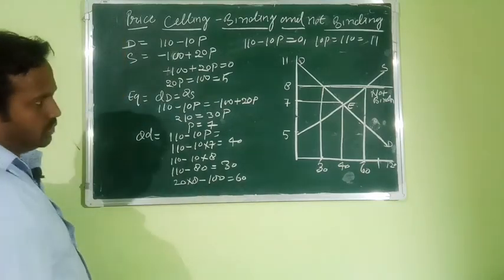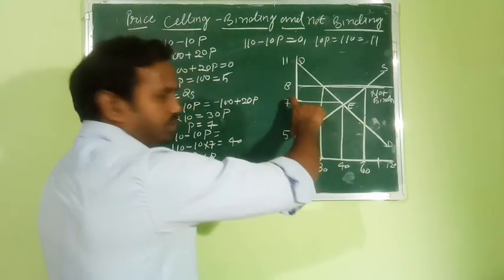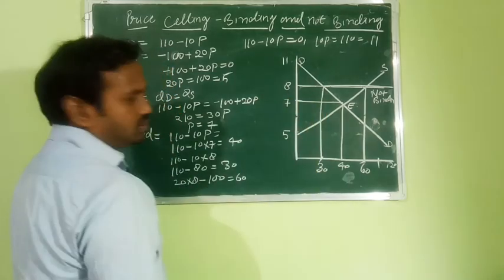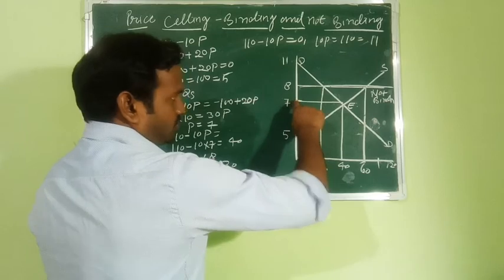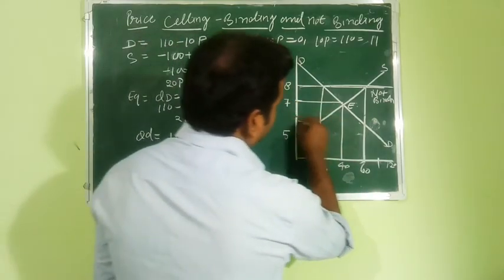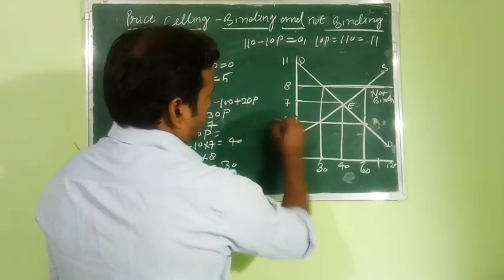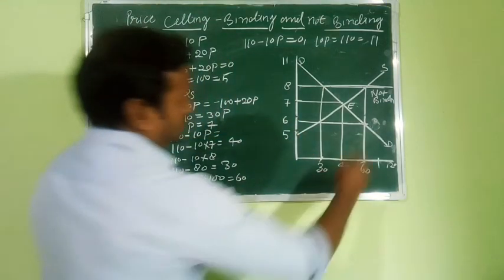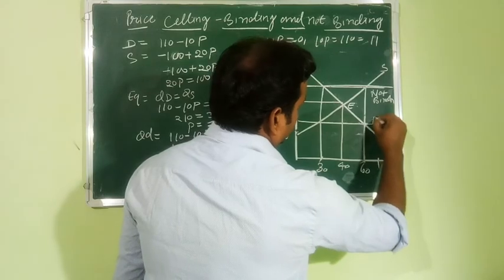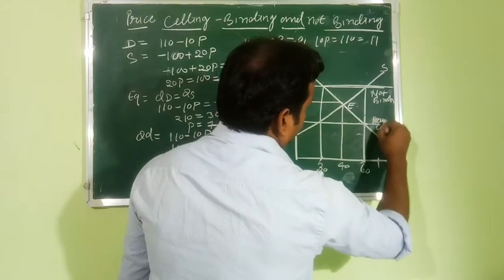Now I am going to explain binding, which is between 5 and 7. Suppose the government fixes 6 rupees. If the government imposes a 6 rupee ceiling, it is called a price ceiling.